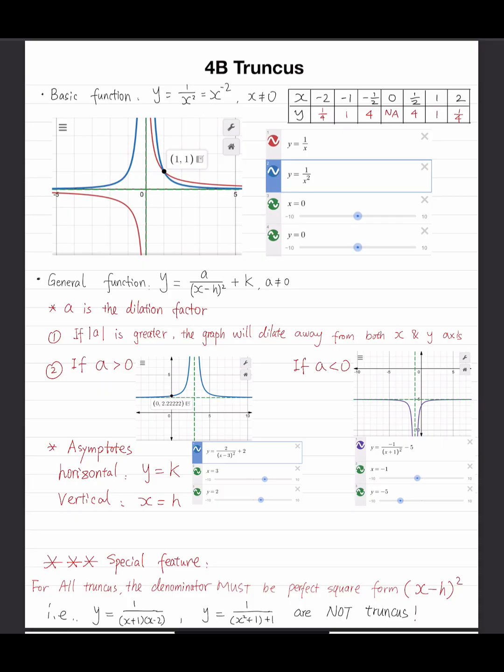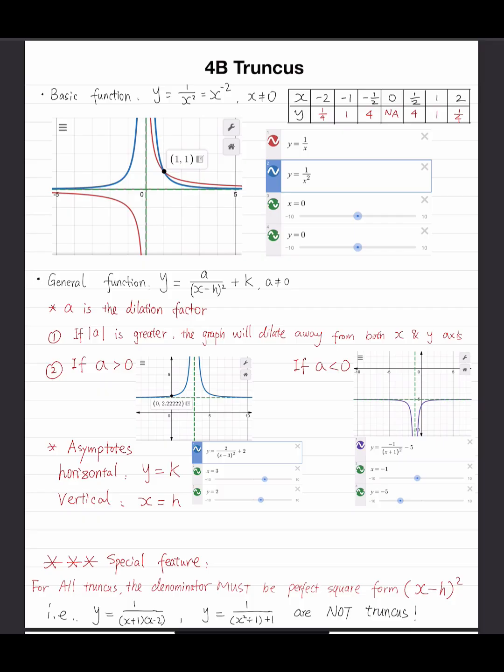Now you can see in comparison with the hyperbola, with the truncus, the negative x and its opposite x value will give you the same y. So when x equals negative 2 or positive 2, y will equal 1/4. Same as negative 1 and positive 1, y will equal the same value, 1, except when x equals 0, which is undefined.